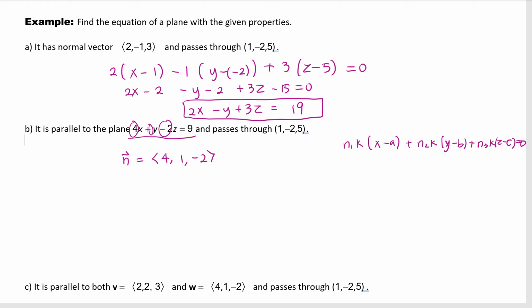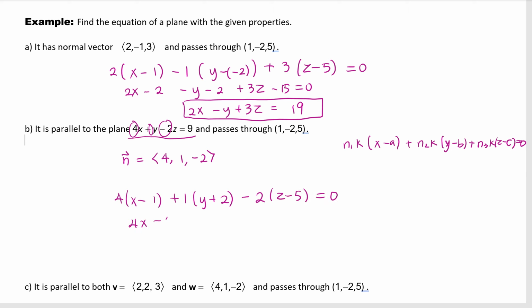Now we have the normal vector and a point on the plane, so we can write down the plane equation. 4 times x minus 1 plus 1 times y minus -2, so y plus 2, minus 2, z minus 5 equals 0.